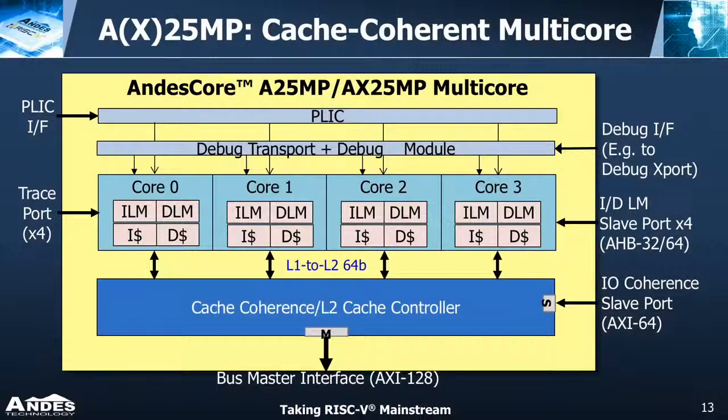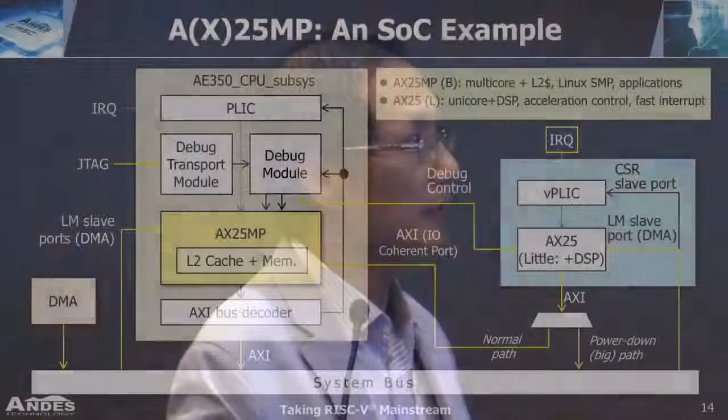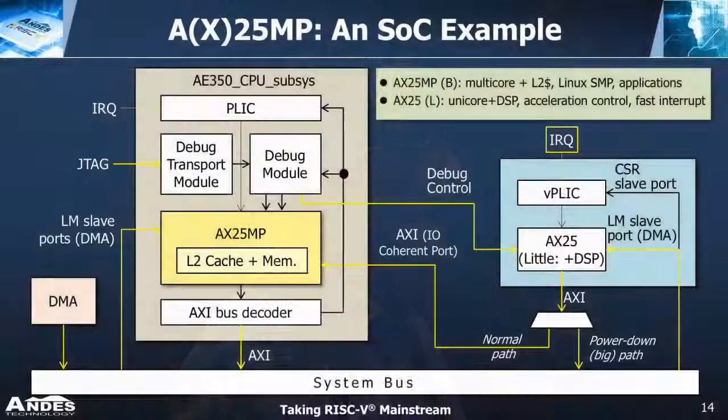And again, we add the platform level interrupt to this multi-core product. This is a SoC example. If you apply a kind of master-slave architecture to a SoC, which means, for example, if you have an application that requires Linux symmetric multiprocessing, then you apply X25MP with 2 cores or 4 cores.